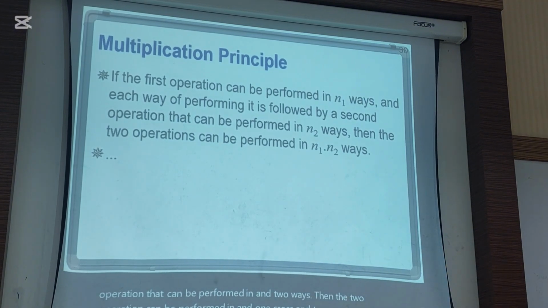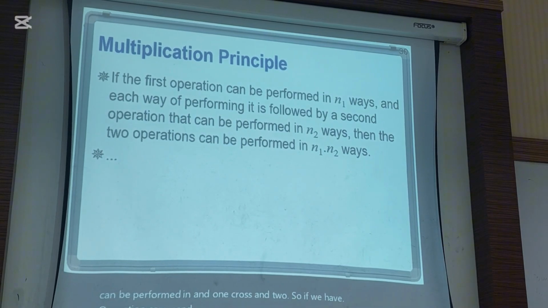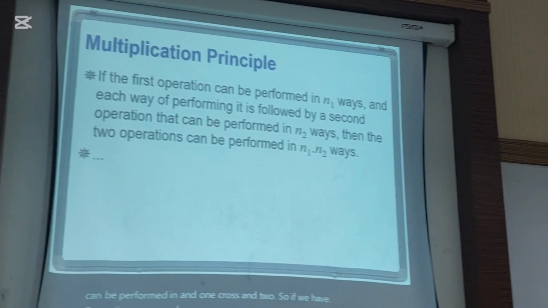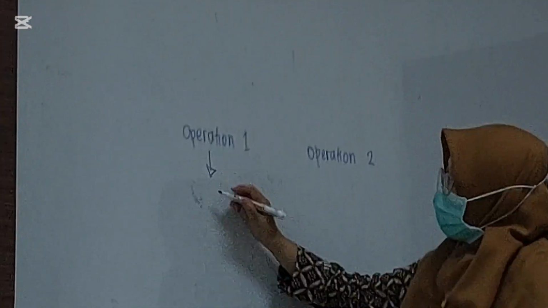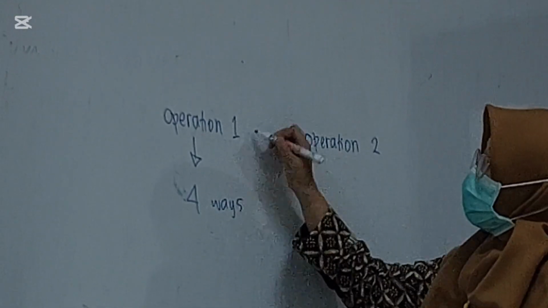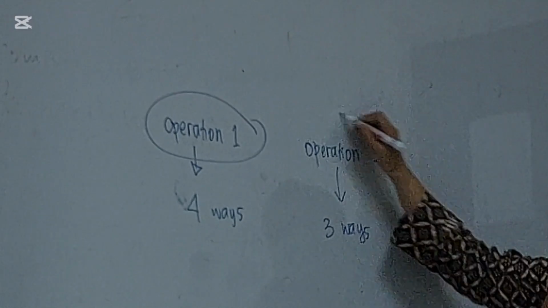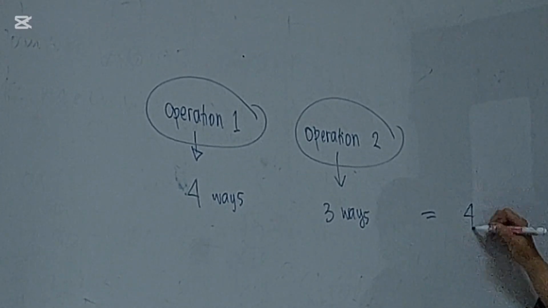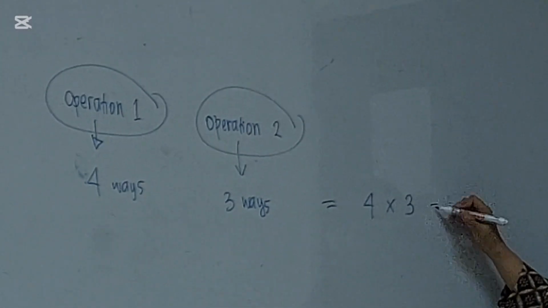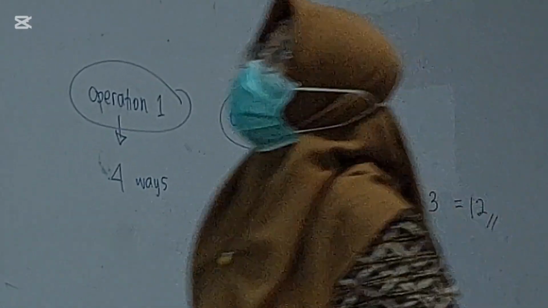So if we have operation 1 and operation 2, in operation 1 we have maybe 4 ways and 3 ways for operation 2. So we can perform 4 times 3 ways. This is the principle of multiplication.